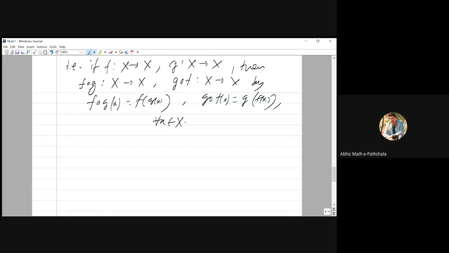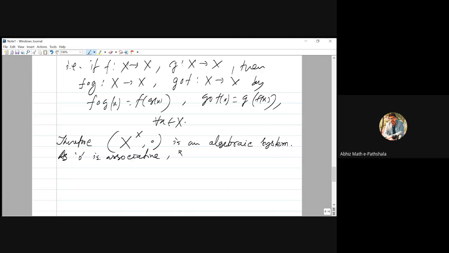So therefore, X to the power X with respect to compose is an algebraic system, right? And also it is known to you that composition of mappings is associative, right? So as composition is associative, X to the power X compose is a semigroup, right?